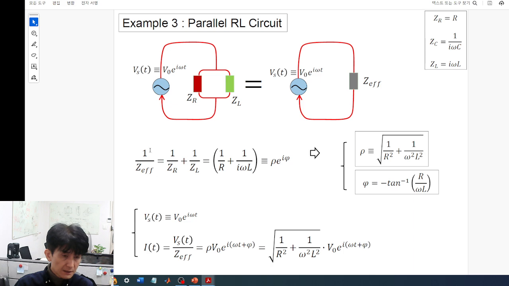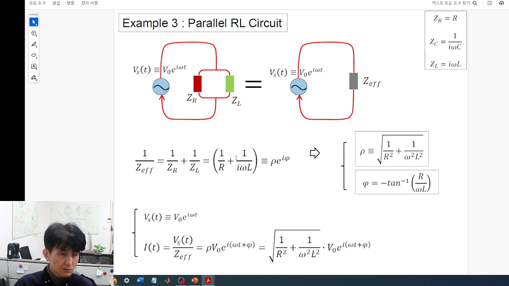The same equation can be applied for the impedance. If the total impedance is Z effective, then 1 over Z effective should be 1 over ZR plus 1 over ZL. ZR is R, so we have R here. ZL is I omega L, so we have I omega L here.